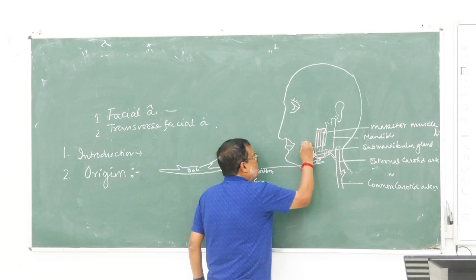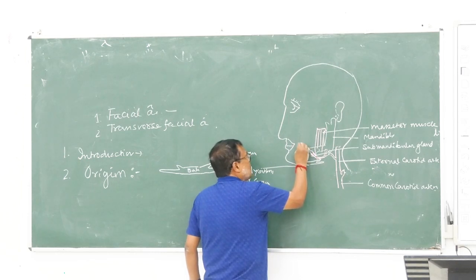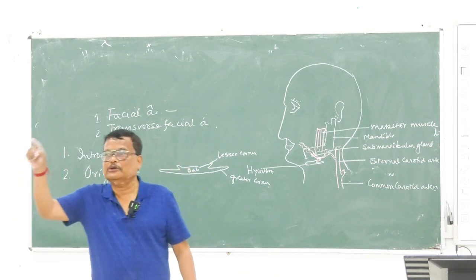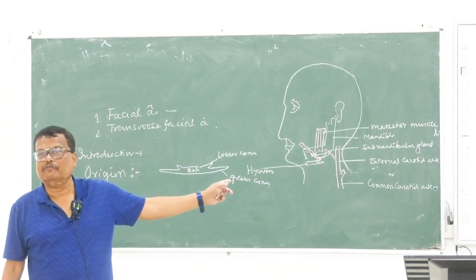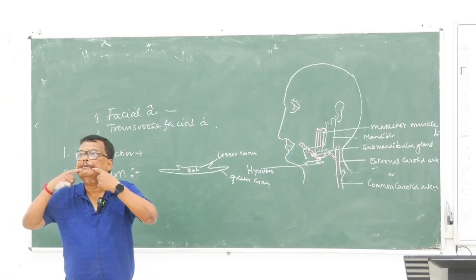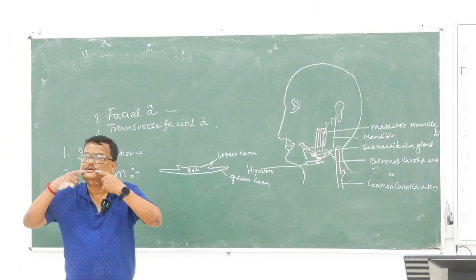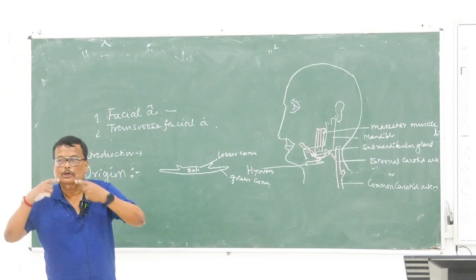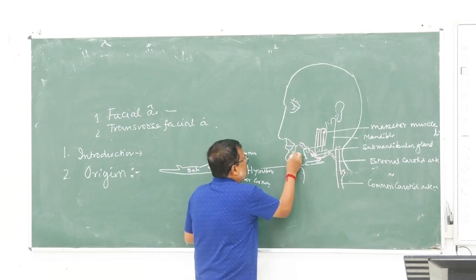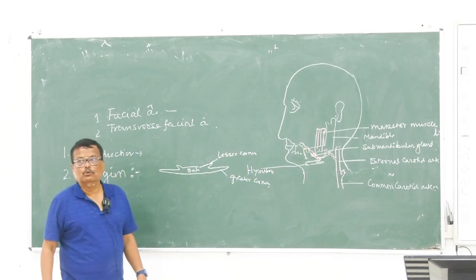It then goes upward, like a splenic artery. Splenic artery is tortuous. Now I am drawing the facial artery as tortuous. At the angle of the mouth, the angle of the lips or angle of the mouth, 1.25 centimeter away from the angle of the mouth.